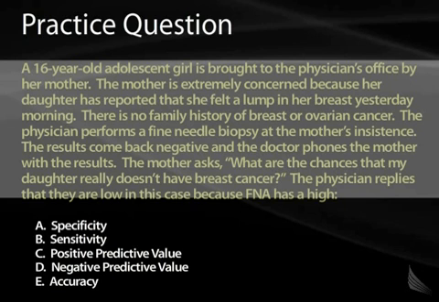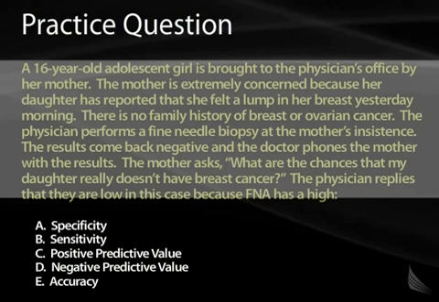So we're given a situation where we have a young woman who has a lump in her breast. The likelihood of her having breast cancer based on background rates and risk factors is extremely low. There's no family history, and she has a test result which we're now interpreting.